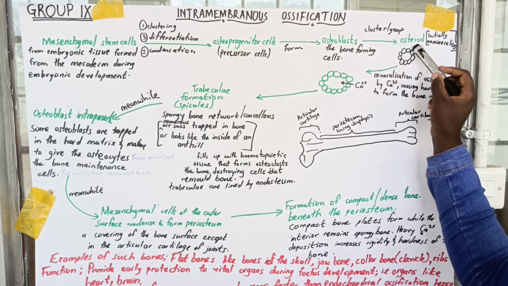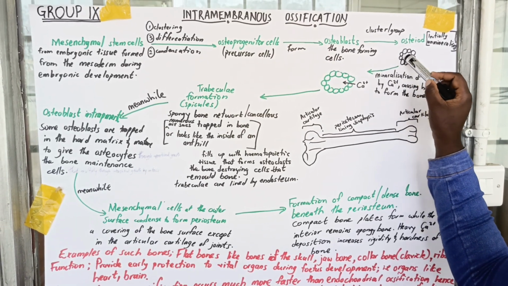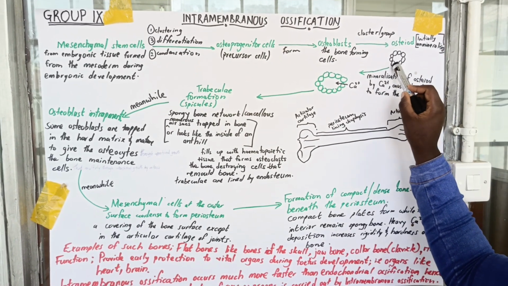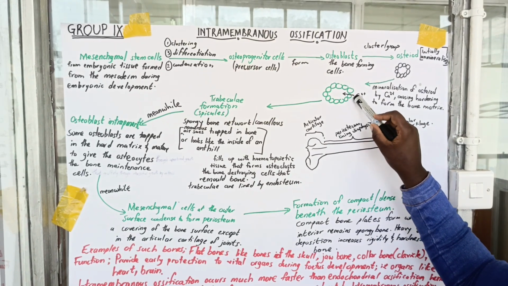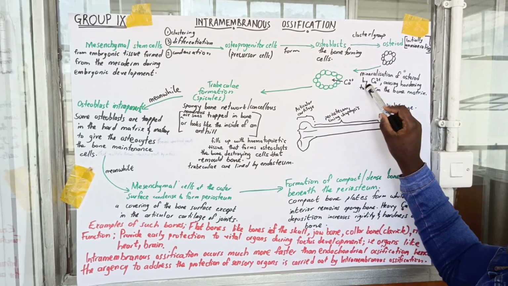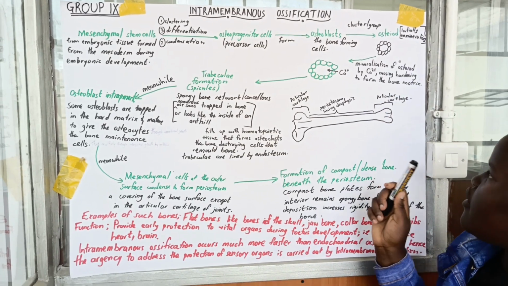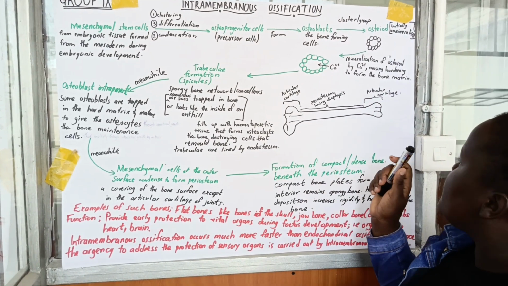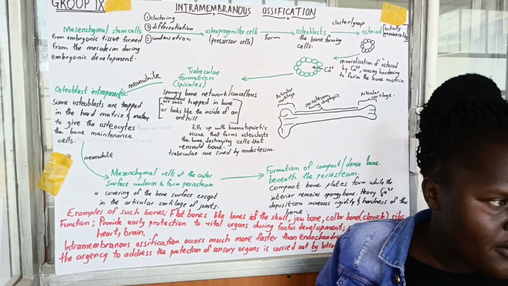These osteoids are clustered together, and from here they become mineralized by calcium, causing the bone to form.